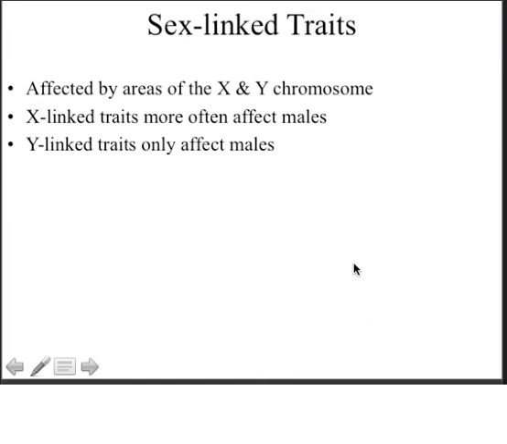X-linked traits more often affect males because the Y chromosome doesn't have any homology to the X chromosome. So any information that's on the X chromosome in the male is going to manifest itself. The male is hemizygous for all X-linked traits.